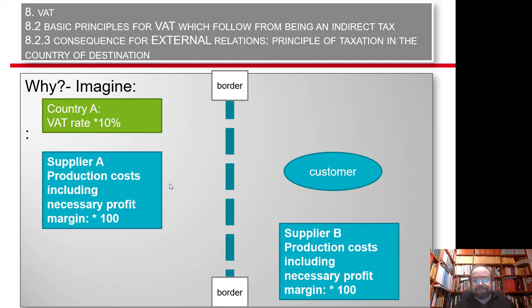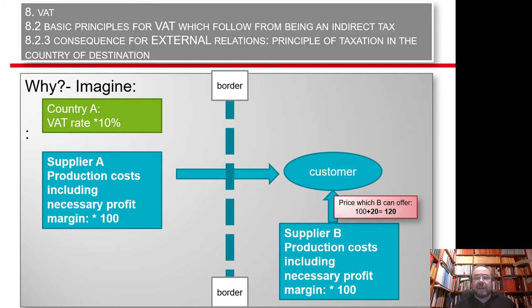Now supplier B calculates simply 20% on top, 120 necessary gross price. He can offer for 120. Supplier A has a net price desired of 100, and has to pay 20 in the country where the good goes to.